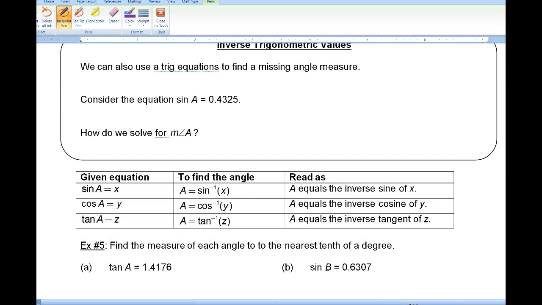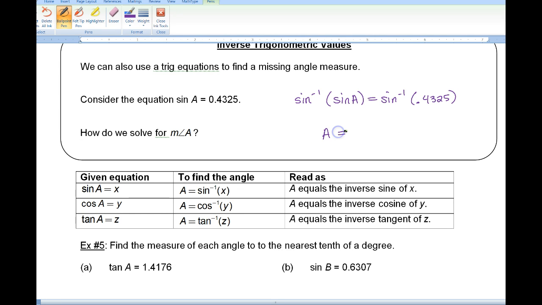That's where we use the second function. We have this inverse: if we do the sine inverse of the sine, basically these cancel and we just get A. It's kind of like when you multiply by a reciprocal to solve an equation.